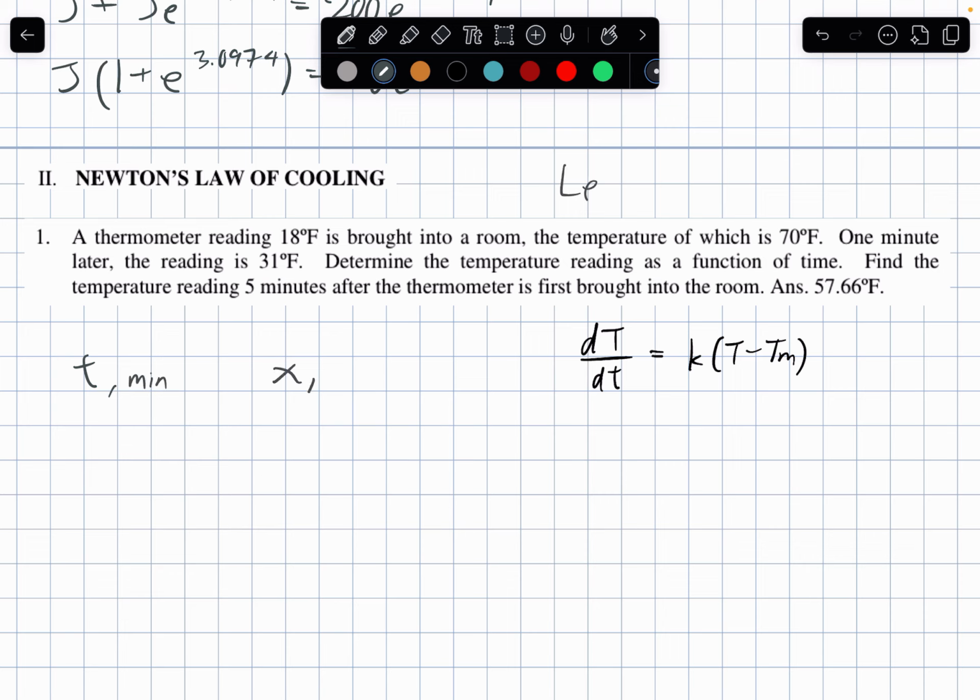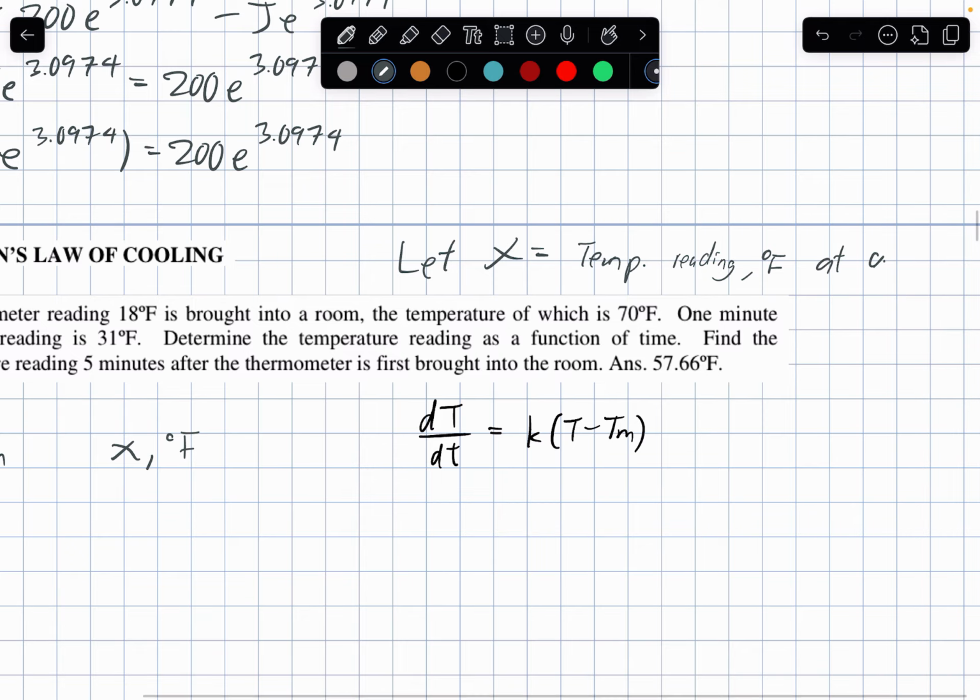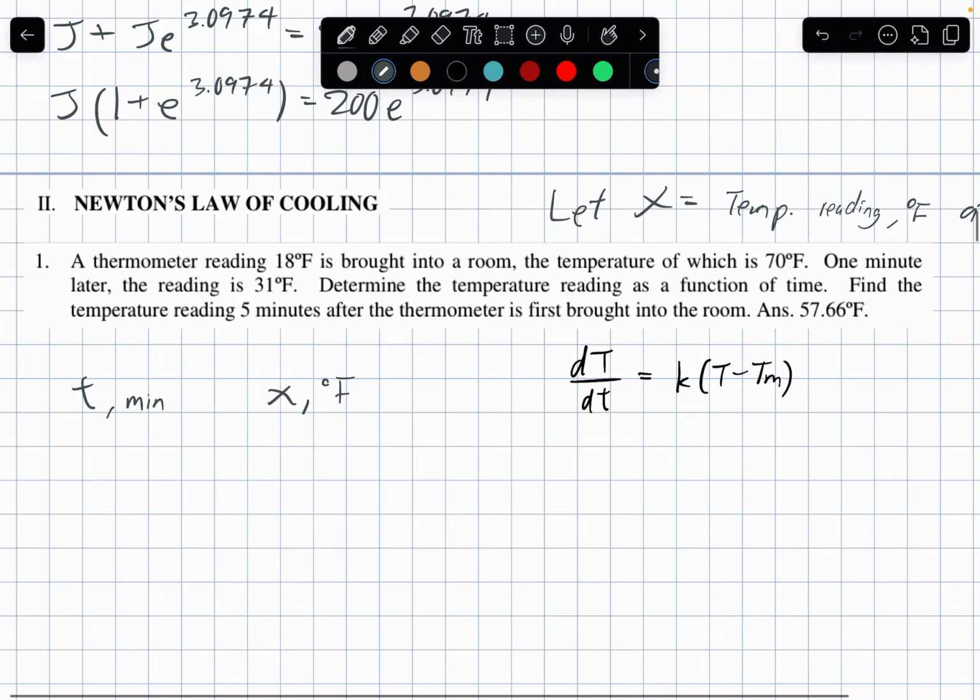Our x here, let x equal to temperature reading in degrees Fahrenheit at any time t. Okay, so, thermometer reading of 18 degrees Fahrenheit is brought into a room. So, upon bringing it to the room, time is 0 minutes. The temperature of the room, it's actually T sub m, the one that is written in the formula.